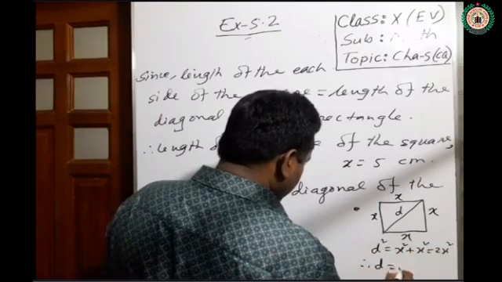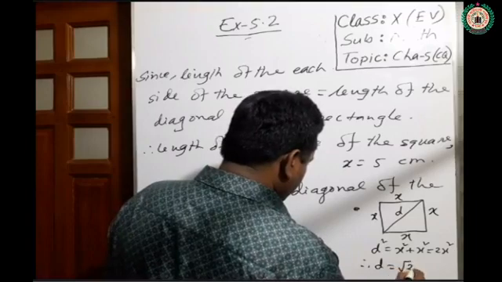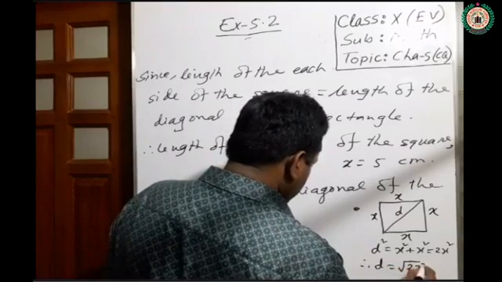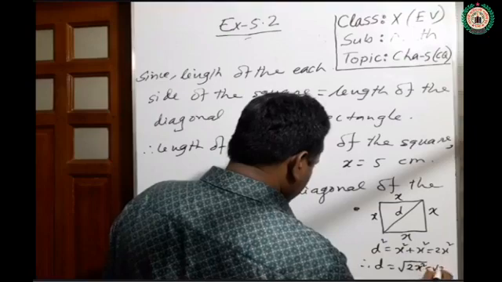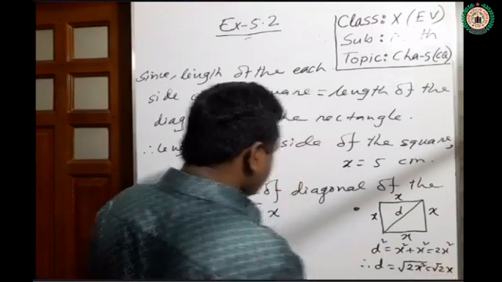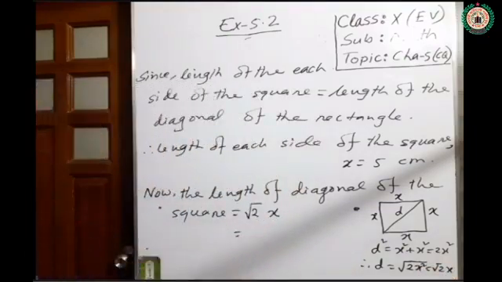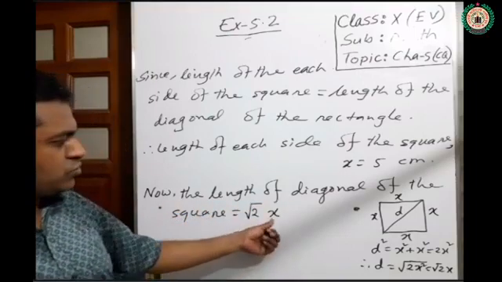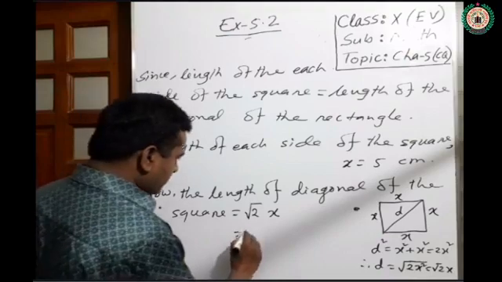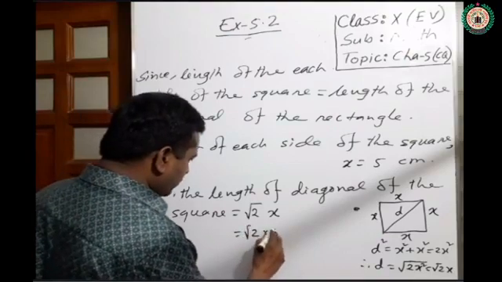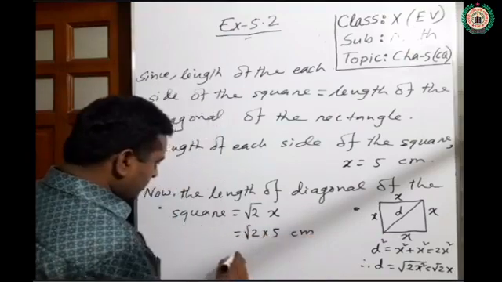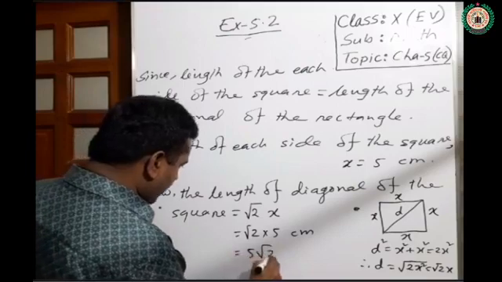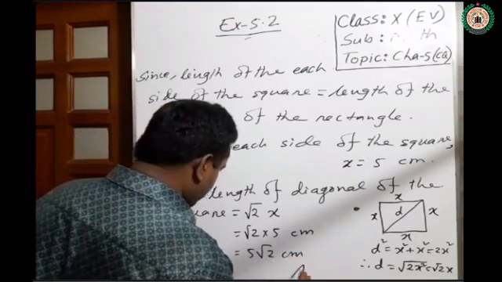That's why diagonal d equal to root over 2 x square equal to root over twice x. Using this formula directly, I write here the length of diagonal of the square root over 2x. That means root over 2 into 5 centimeter equal to 5 root 2 centimeter.